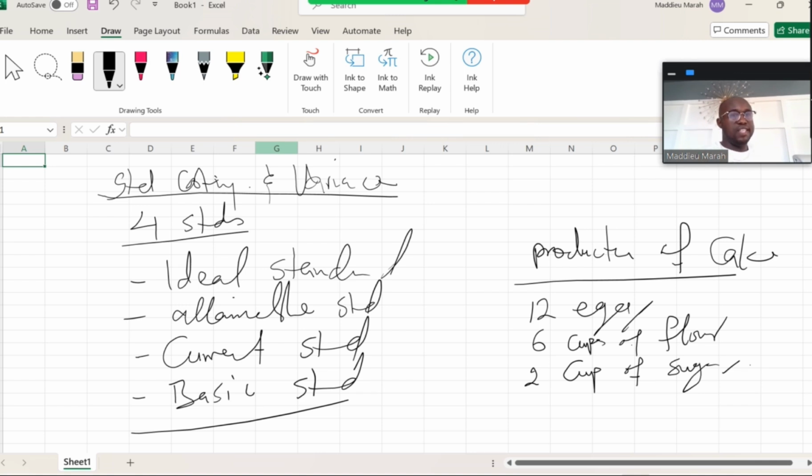Okay, so let's stick to these 3 ingredients. We have other ingredients, but for understanding purposes, let's stick to these 3 ingredients for what we want to produce.